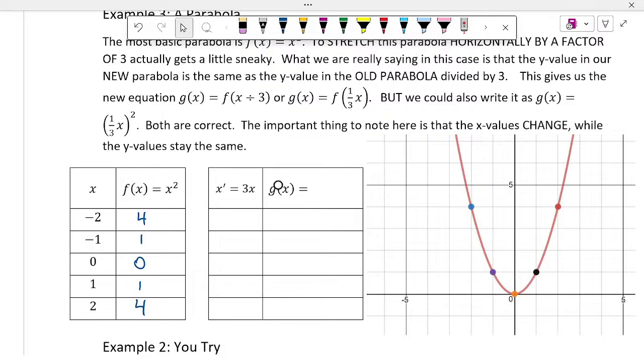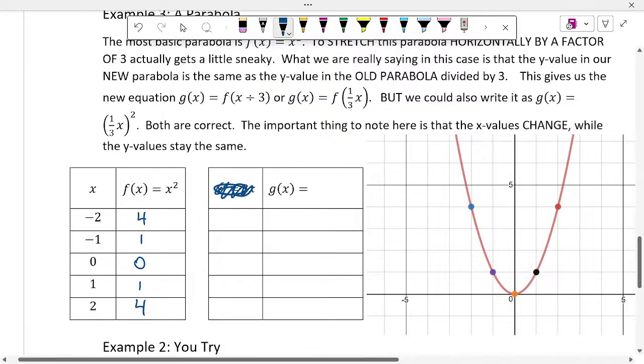Now, pens down. Everyone's pens down. Ready? You promise? Okay. If I didn't write this, could I divide all these x values by 3? That's what this tells me to do, right? I could do that. I could say -2/3, -1/3. Again, don't do this. Pens down. 0, 1/3, and 2/3. Nothing wrong with that.